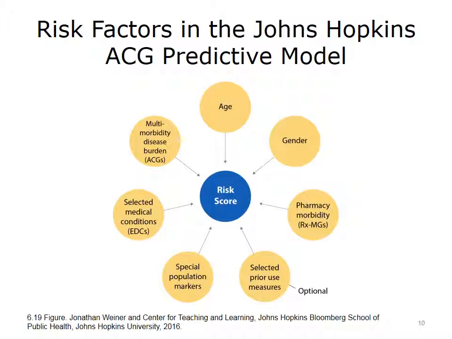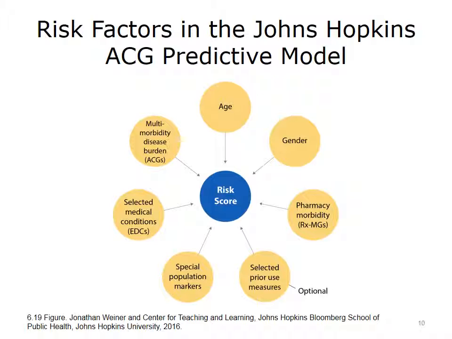There is one caveat worth mentioning related to including prior use markers in a risk model. In cases where you may want to try to predict future hospitalization, understanding past use makes sense. However, if one is determining a risk score for, say, capitation or payment adjustment, you would not necessarily want to reward an organization for admitting a patient or penalize them for treating them.